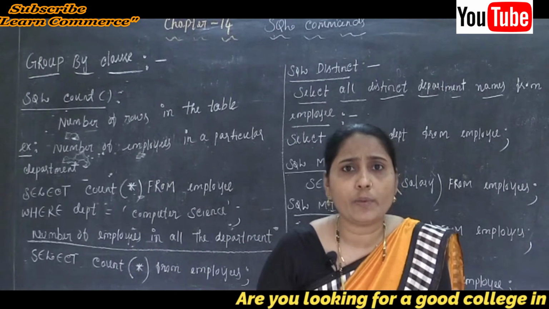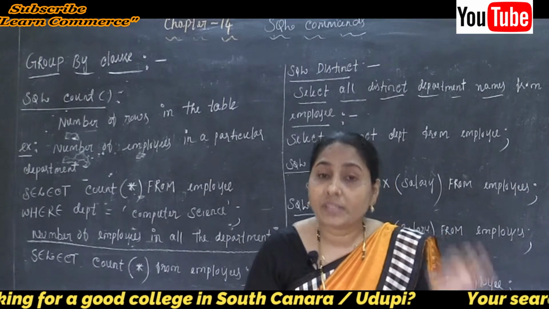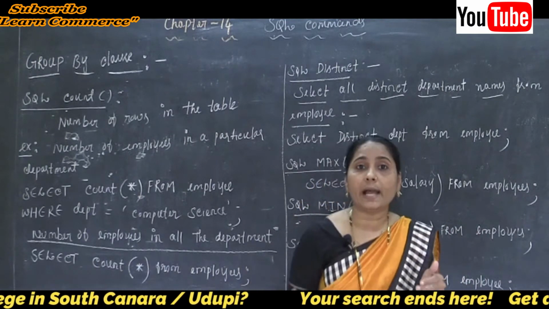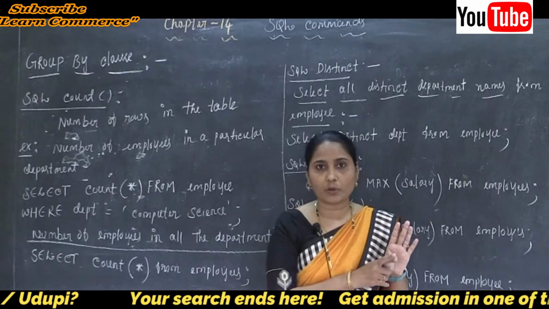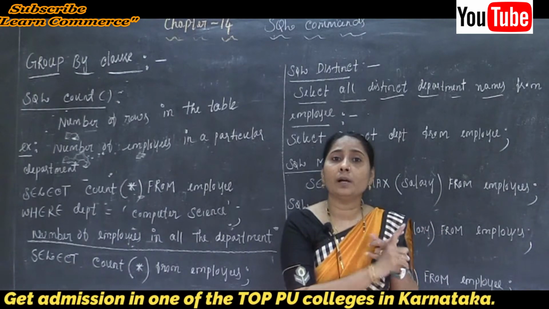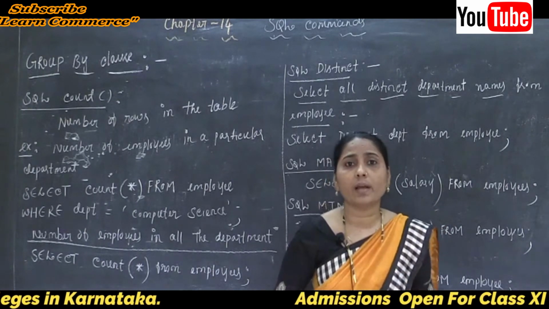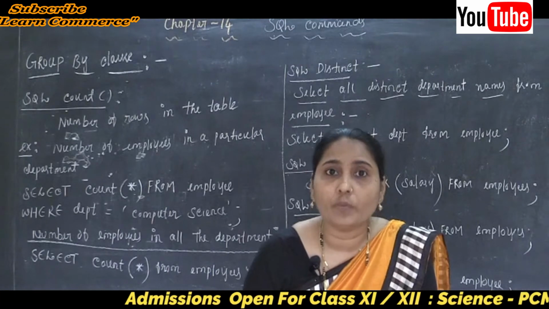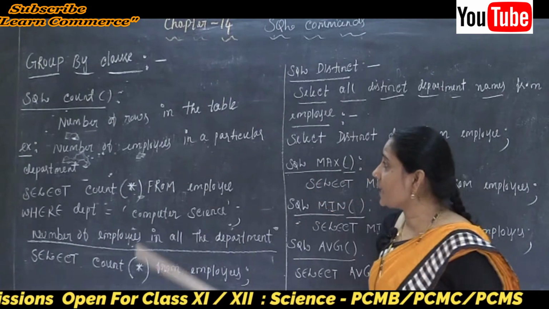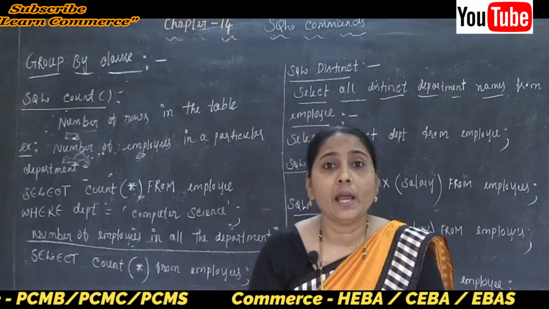In SQL COUNT, we need to think about two conditions: with the WHERE condition and without the WHERE condition. With WHERE, the condition specified in the WHERE clause must be satisfied.